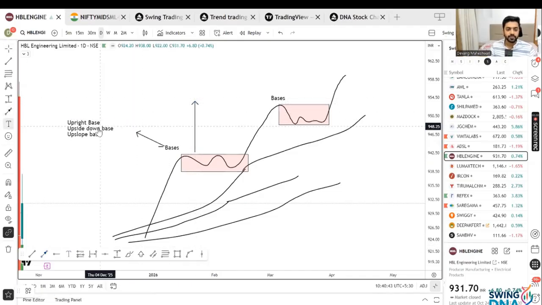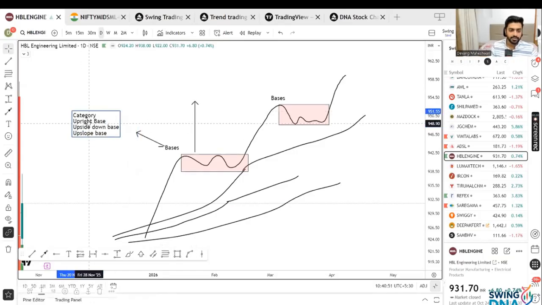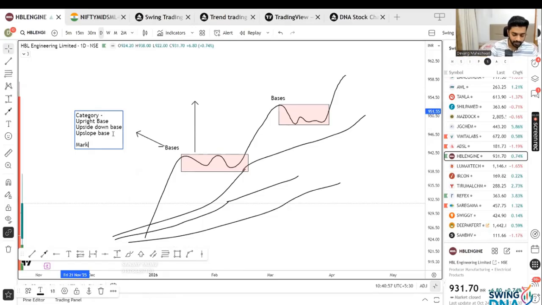So this is like, you can call it a category. And why this is important to identify, so that you can mark the correct supply zones.